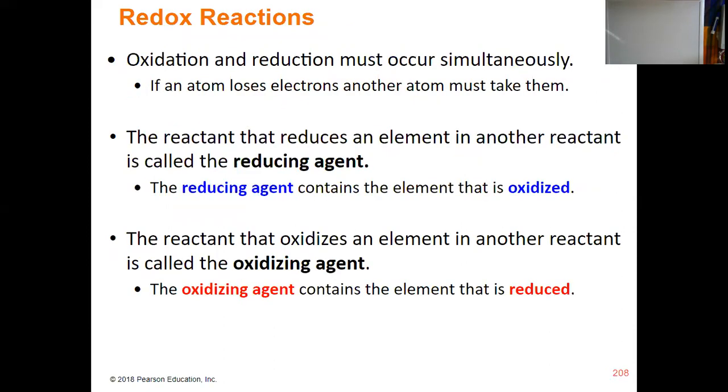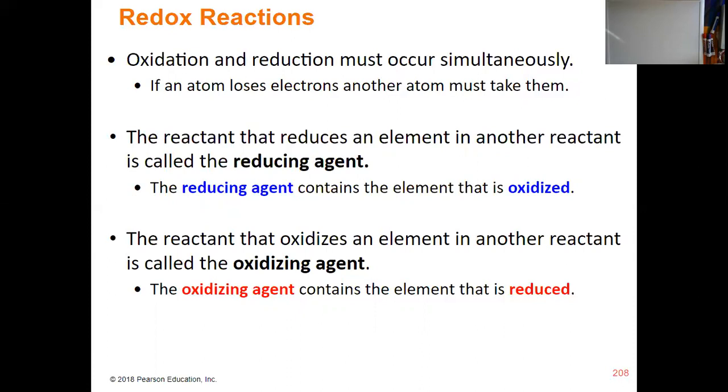So another two terms that we have to get familiar with are oxidizing agents and reducing agents. Okay? Think about the definition of what an agent is. When we say something is an agent of something else, we mean that thing causes something, right?